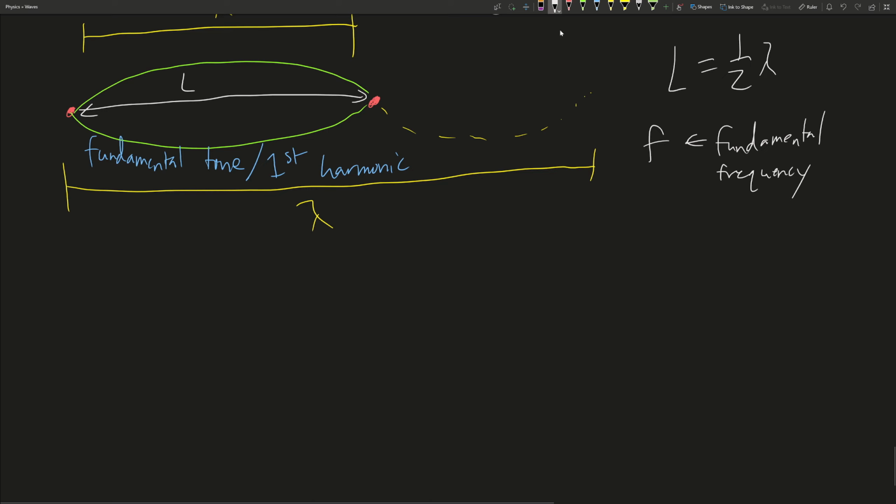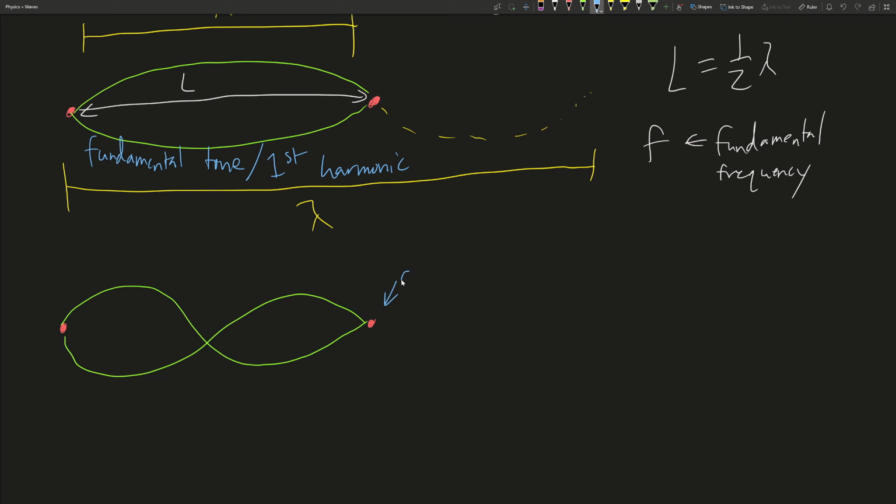Now, here is something interesting. This isn't the only way you could have two nodes at the ends. Let's just say you have a higher frequency, and the frequency is high enough to where your standing wave looks like this. So you have these two bumps here. Notice that there is still a node on both sides, so both ends are still fixed.